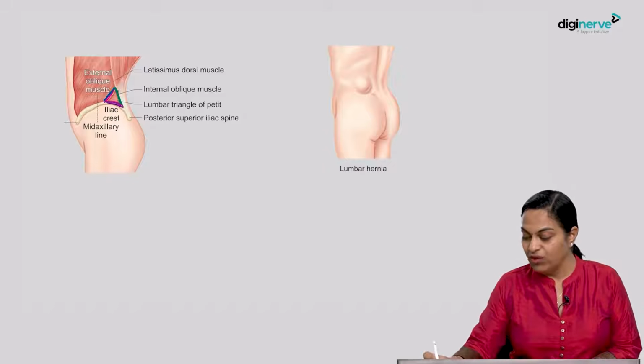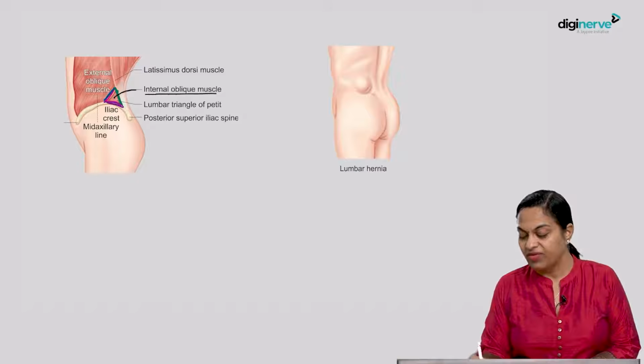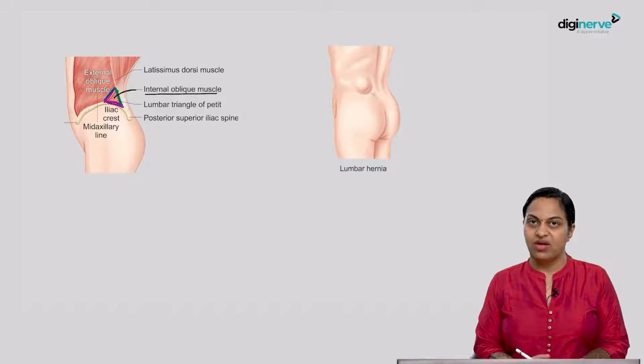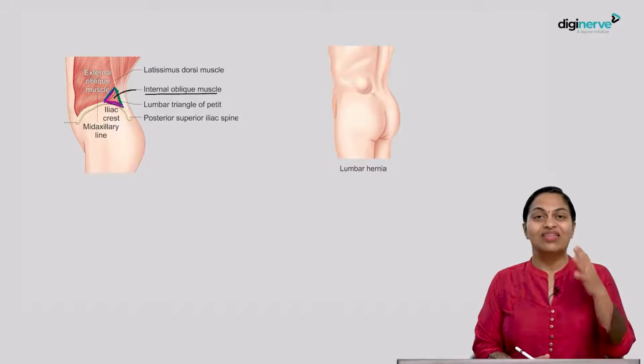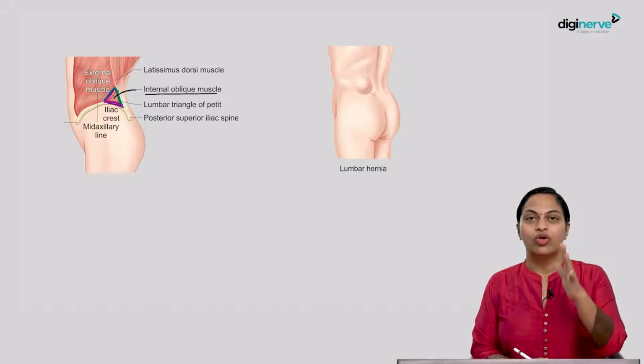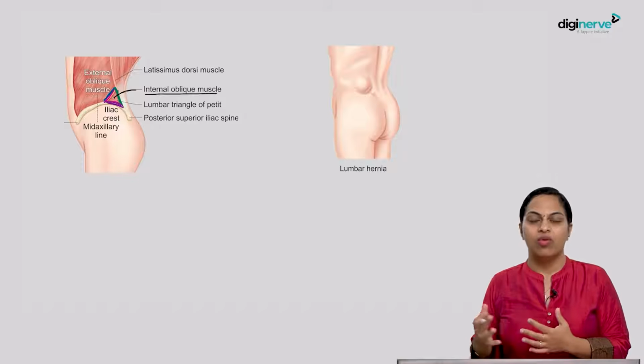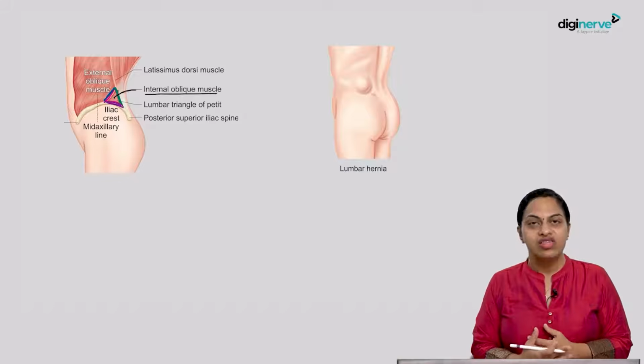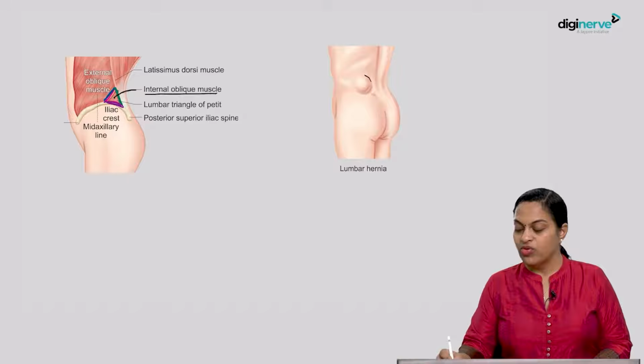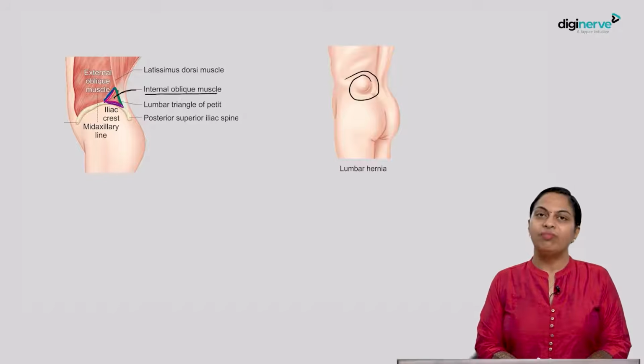And in the floor, it is the fibers of the internal oblique muscle. So we have to remember that the external oblique muscle contributes to the lumbar triangle of Petit, which is a weak area in the abdominal wall through which the intestinal contents can herniate out, producing the lumbar hernia or Petit's hernia.